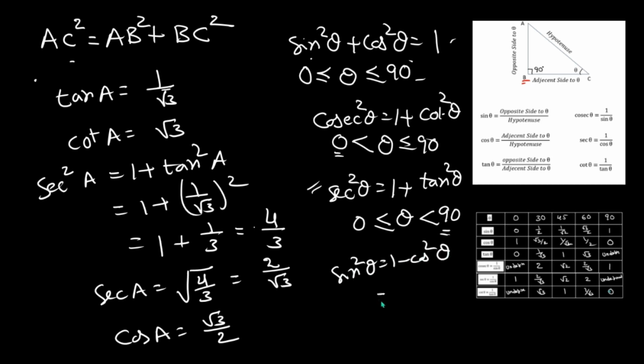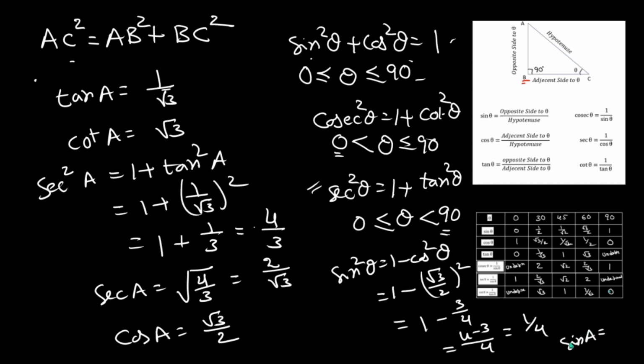That's 1 minus root 3 by 2 whole square, which is 1 minus 3 by 4, that is 4 minus 3 divided by 4, equal to 1 by 4. Then sin A is the square root of 1 by 4, which is 1 by 2.